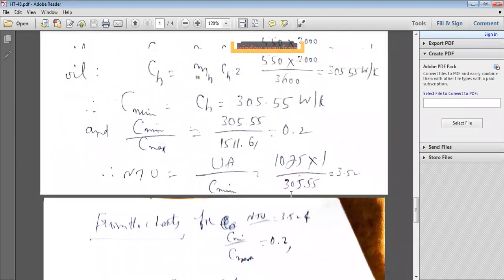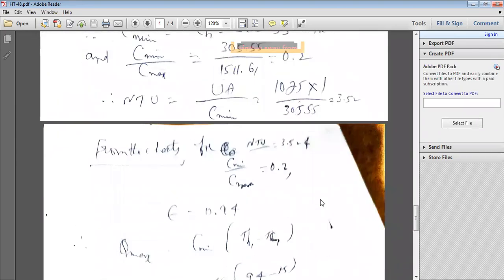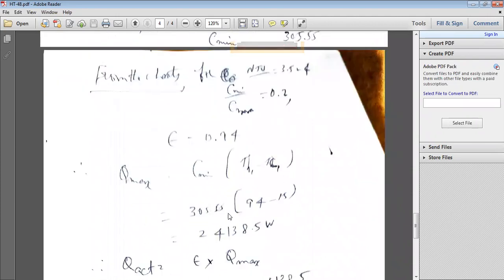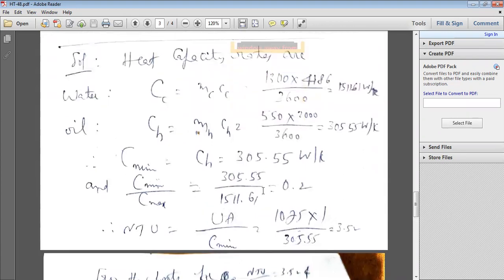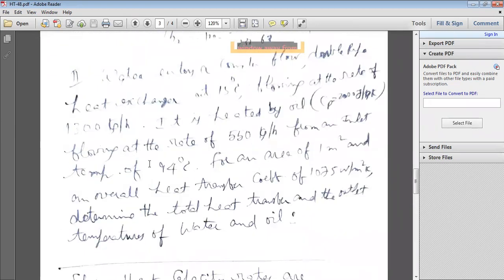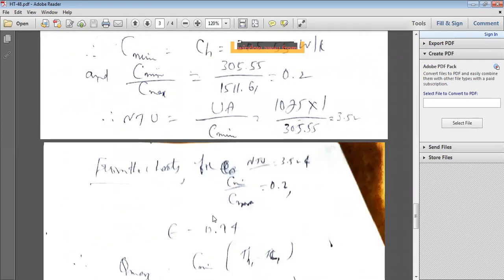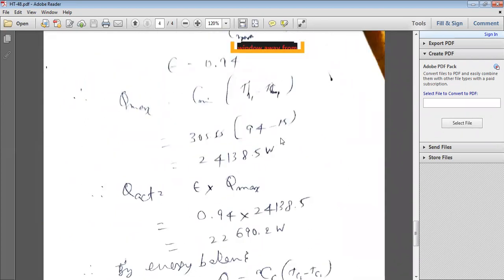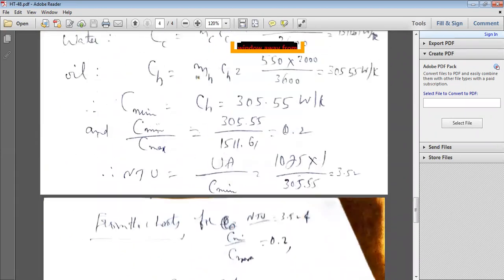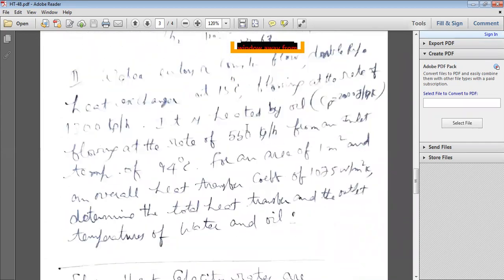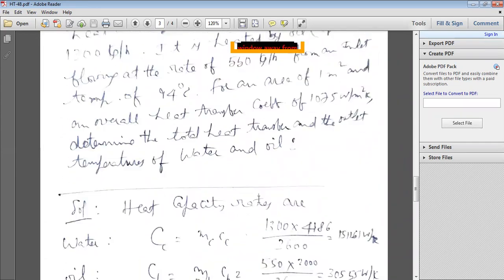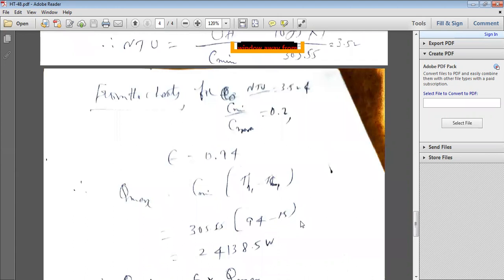So C minimum already calculated 305.55. So 305.55 into TH1, temperature of the hot fluid at the inlet, 94 degrees centigrade given, minus TC1, temperature of the cold fluid at the inlet. So here water having a temperature 15 degrees centigrade, so TC1 is 15.